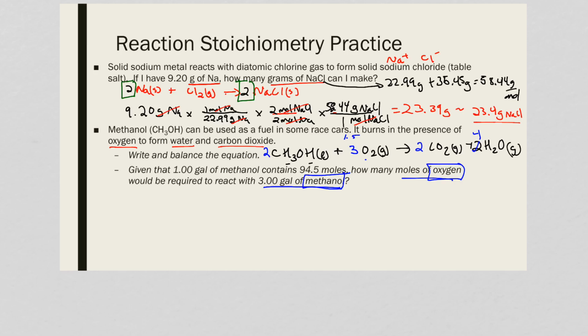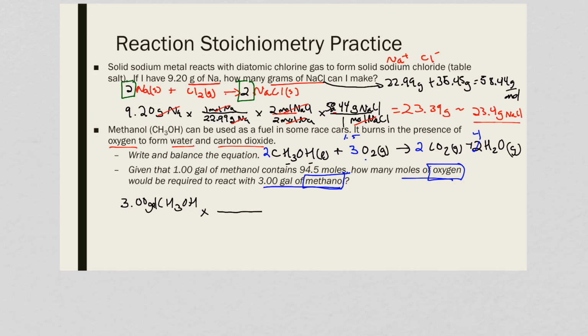Now, as always, I need to get moles of methanol because that's what I know. So I'm going to start with what I know, which is 3 gallons of CH3OH. Now, traditionally here, we would use a molar mass to convert to moles. But I don't have grams, right? I have gallons.